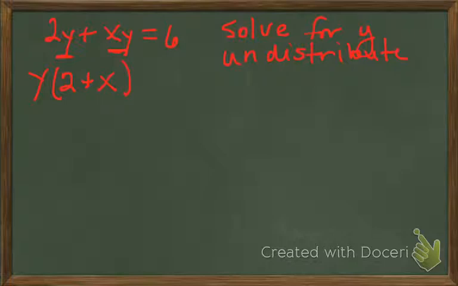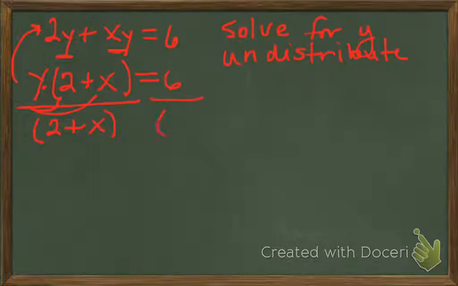Now notice if I multiply this, I'm going to get what we had right there. I've just rewritten it in a form that we can use. Now I have two terms that are multiplied together. I want to solve for y. I'm multiplying y times 2 plus x. So what I can do is divide by this whole chunk that we're multiplying it by.